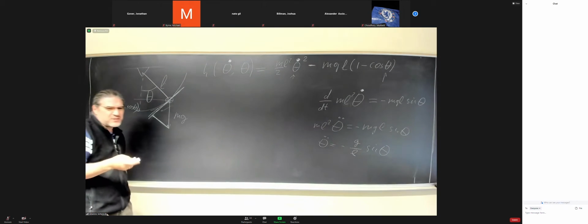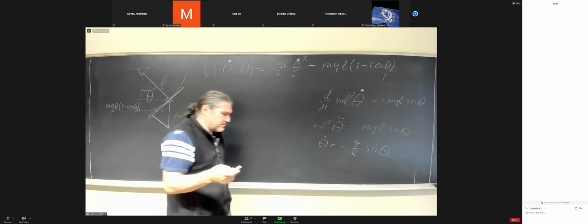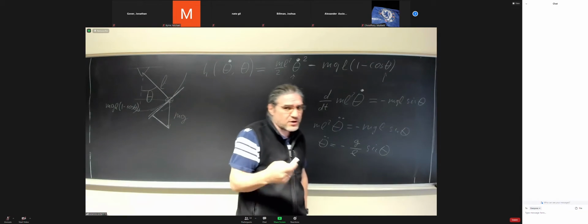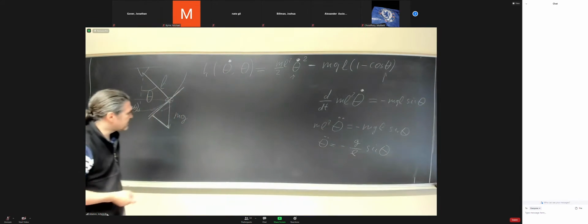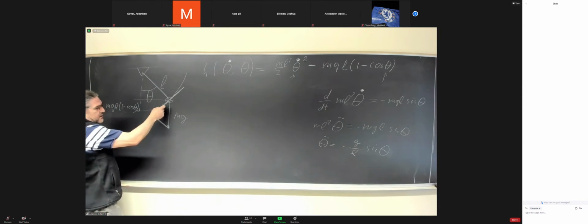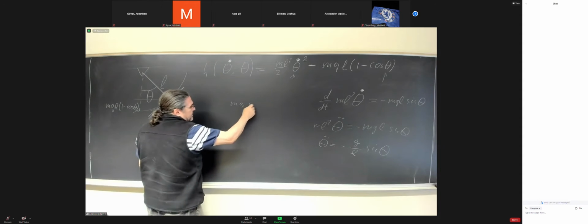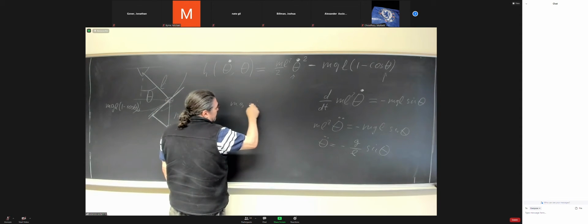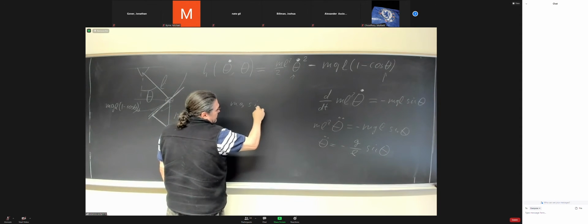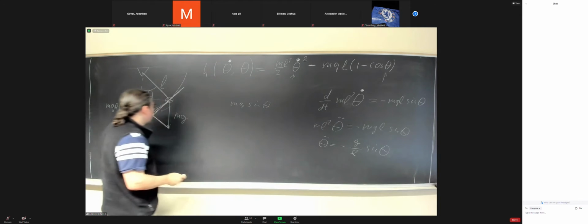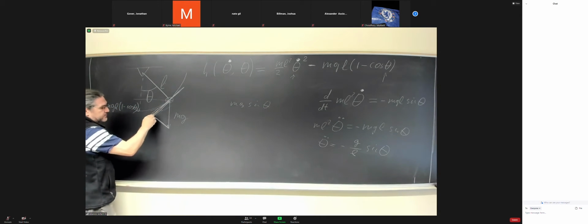Well, you can do it differently. You can use angular momentum and torque, or this way. It really doesn't matter. So that projection here is mg sine theta. That's this projection.